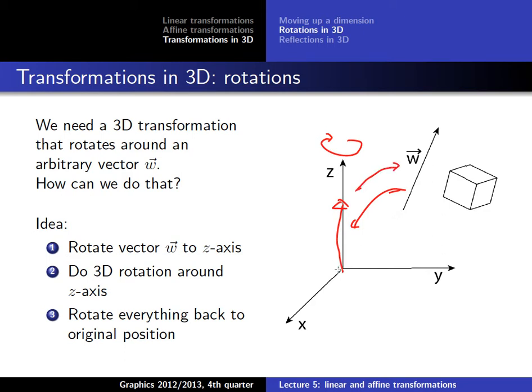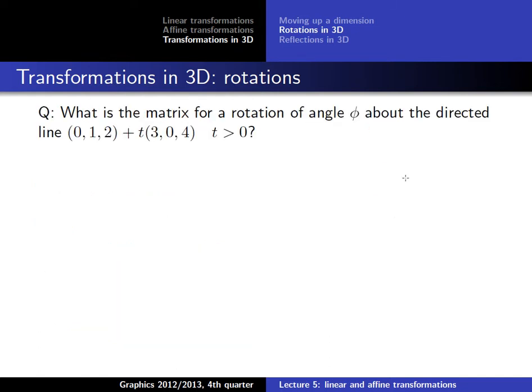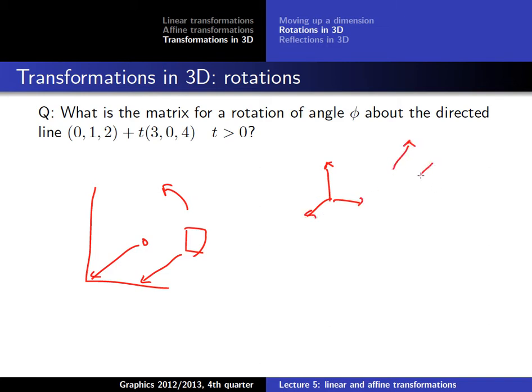The only problem that we have here is, of course, this is not unique. We don't know, like in a 2D case, when we're rotating around a point, we know, of course, if we shift that here, we have to shift that in the same way with the same vector to get the image here that we need to rotate around here. But here with the 3D case, this situation is not unique.